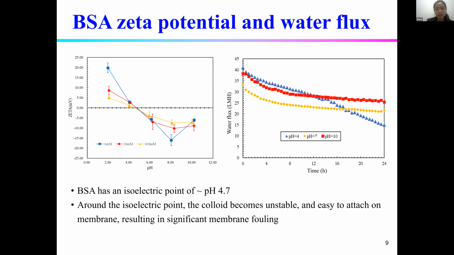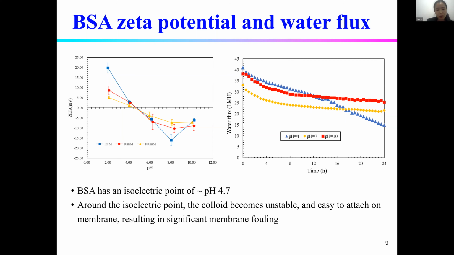We first measured the zeta potential of the BSA molecules, and we find that the isoelectric point of the BSA is around 4.7, and below 4.7, the zeta potential of the BSA is greatly dependent on the ionic strength.